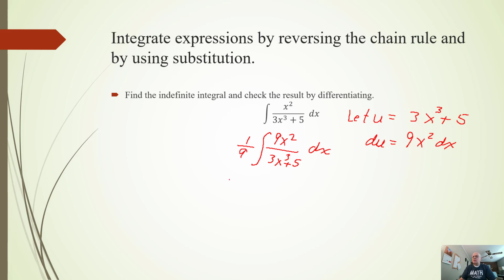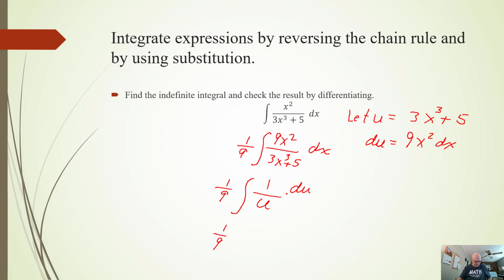So we can write this 1/9 and this 1 over u, and these two together make up du, and that's easy to integrate.